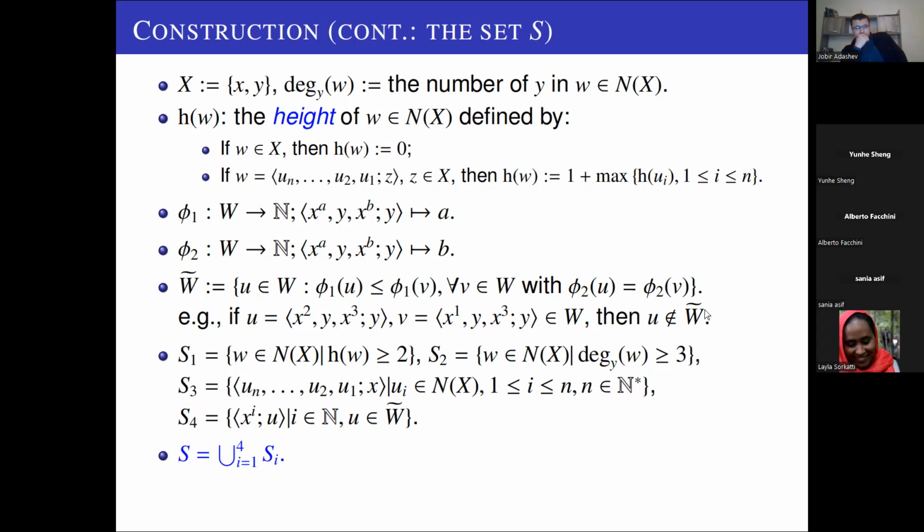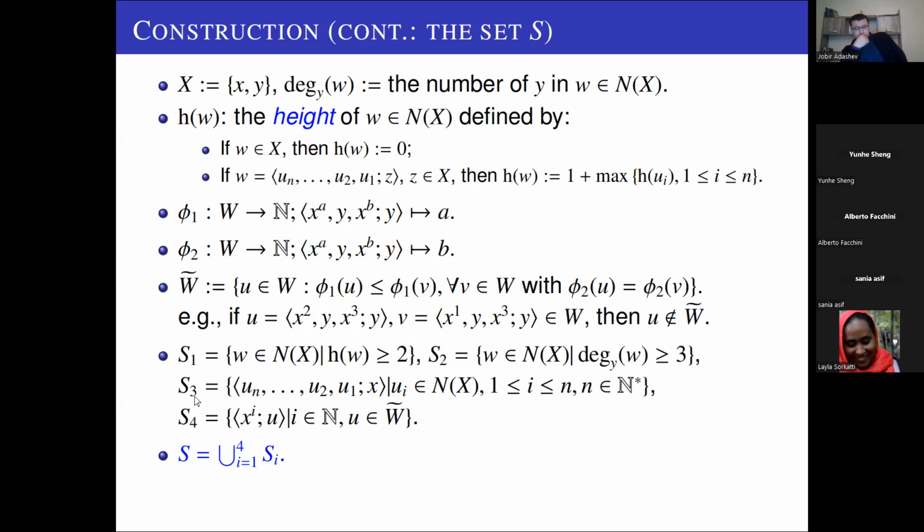So now we can define several sets. The first, S1, means the normal words of height greater than or equal to 2. Set S2 means the normal brace words of Y degree greater than or equal to 3.